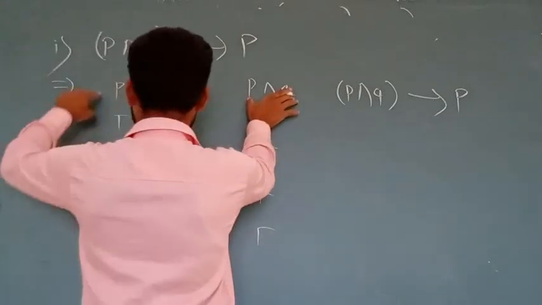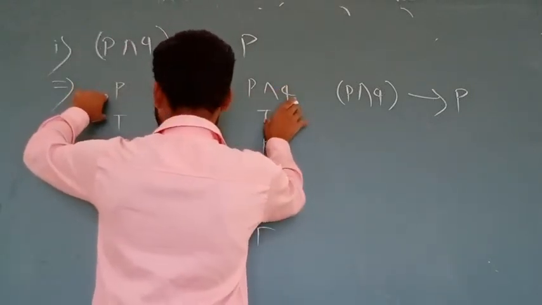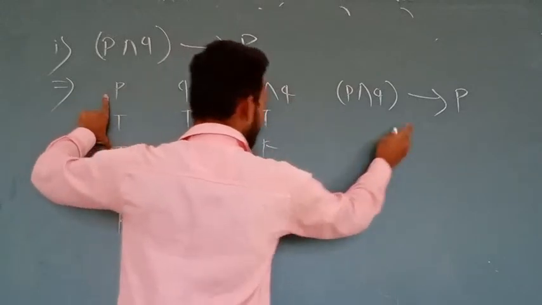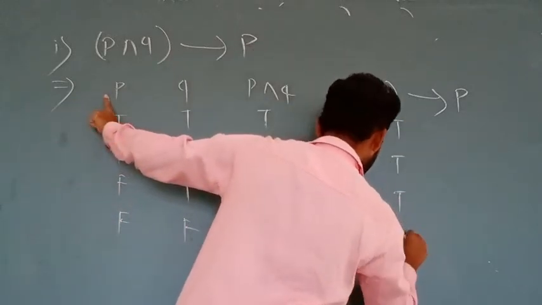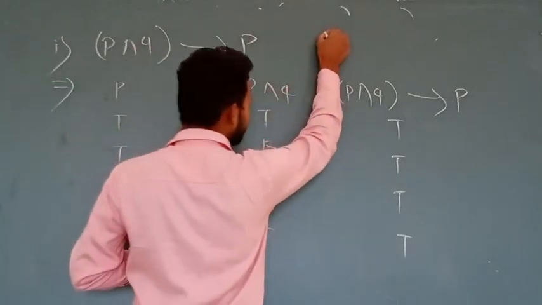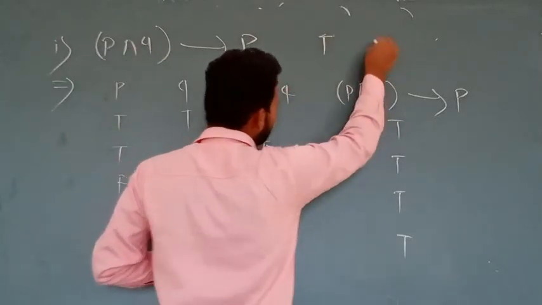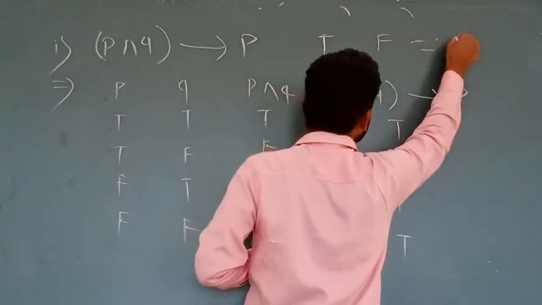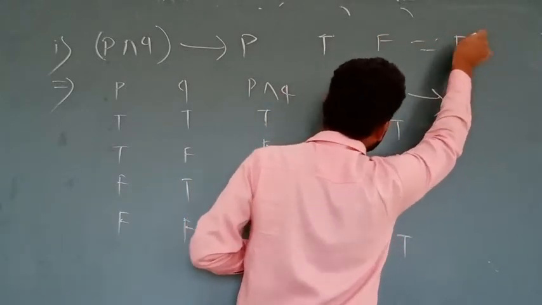So here all values are T. Why T? Because in a conditional statement, if the first sub statement is T and the second sub statement is false, then the conditional statement is false, otherwise it is true.